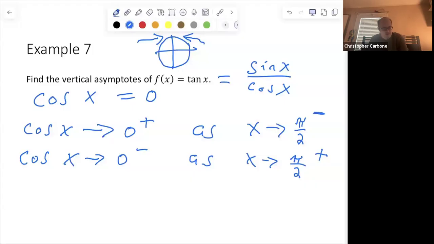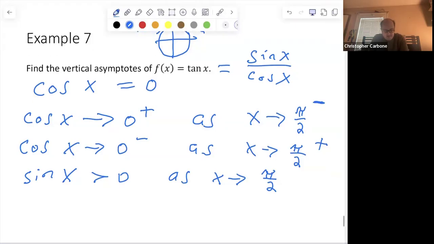We're going to be approaching a value of 0. And because of this, we also know that the sine of x is going to be positive, close to a value of 1, as we get closer and closer to that pi halves, but it's still greater than 0, as x approaches pi halves from both the left and the right. I won't put both in there just because it's kind of confusing if I wrote all of it together.